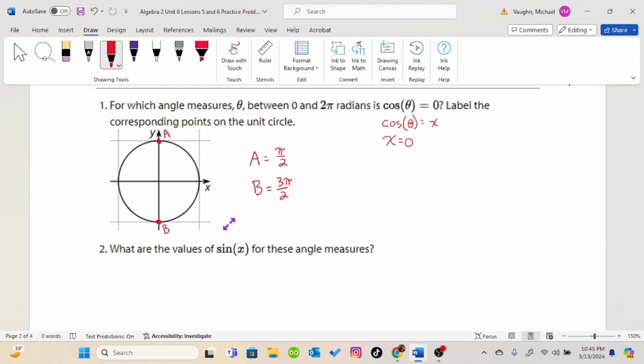So these are the two angle measurements, pi over 2 and 3 pi over 2, in which x equals 0 because we're on the y-axis.